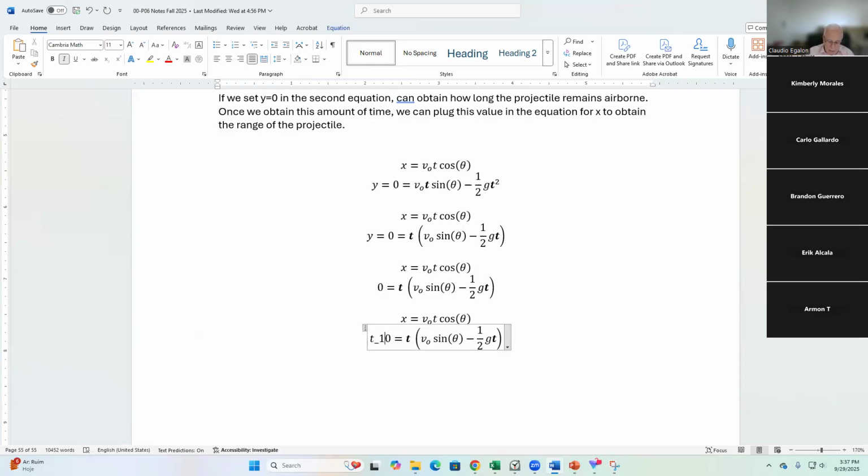One solution is t equal to 0. T1 equal to 0. And then we have T2. The other equation for T2 is going to be equal to 0 as well.